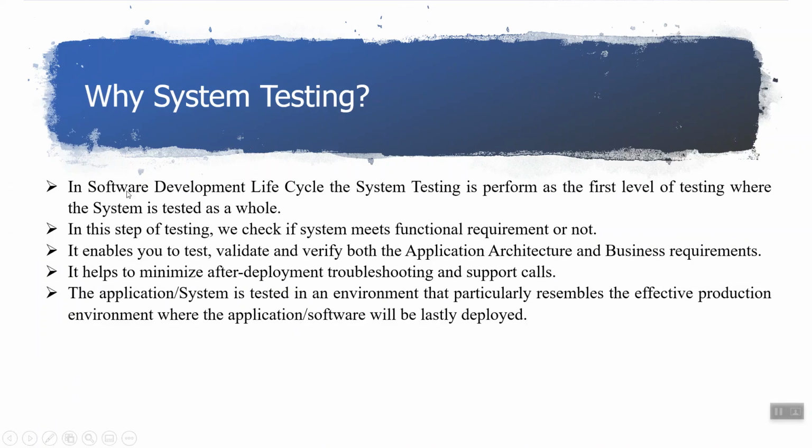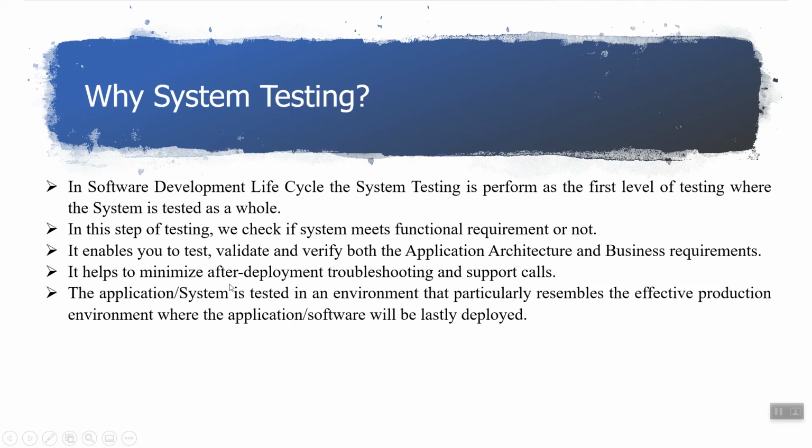Next is why system testing. Why do we use system testing? In the software development lifecycle, system testing is performed as the first level of testing where the system is tested as a whole. In this step of testing, we check if the system meets functional requirements or not. It enables you to test, validate and verify the application structure, application architecture and business requirements.